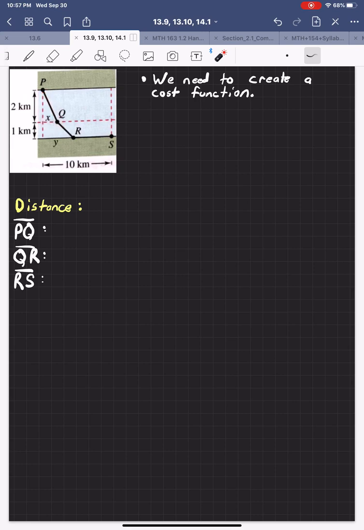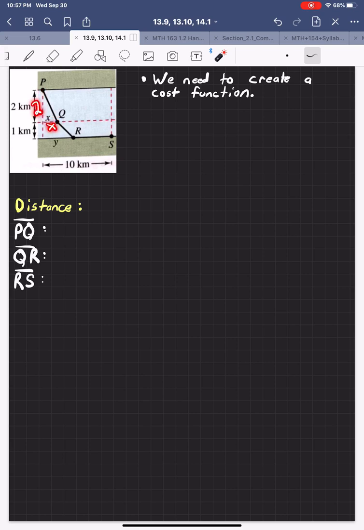Okay, so let's see if we can capture P to Q. You can see that P to Q is the hypotenuse of the right triangle that I'm drawing. Now, one of the sides is 2 kilometers.